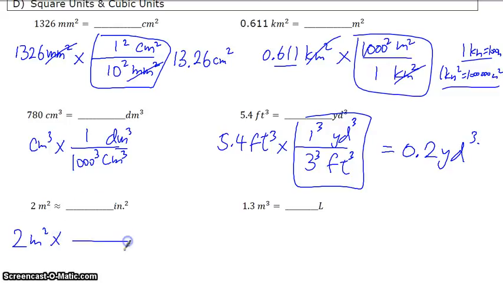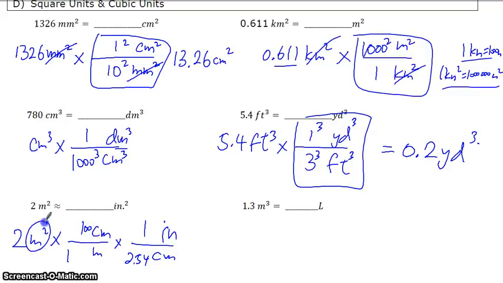And the same for this kind of measurement, right? Meters to inches. So 1 inch is 2.54 centimeters, so it's 0.0254 meters. But you can have a conversion in between. So let's change meters to centimeters and then centimeters to inches. 1 inch is 2.54 centimeters, 1 meter is 100 centimeters.